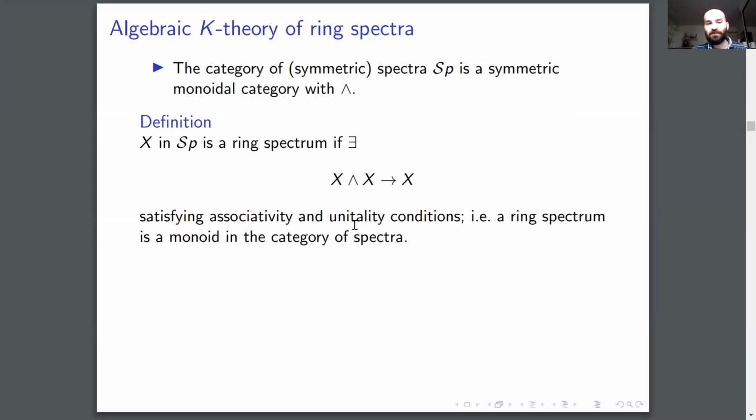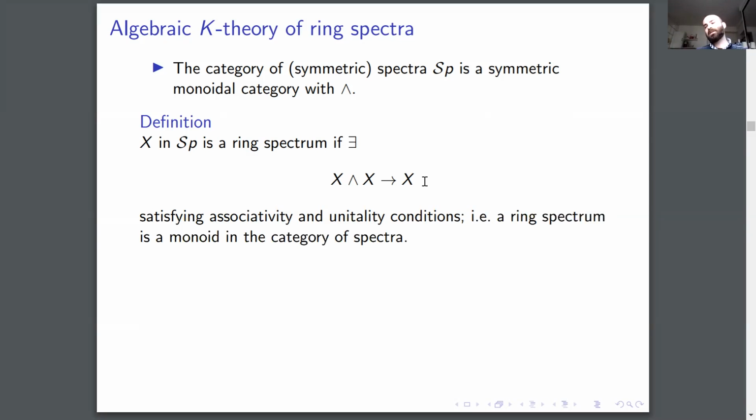In other words, a ring spectrum is a monoid in the symmetric monoidal category of spectra. For example, you could define a classical ring by saying that an abelian group R is a ring if there's a map from R tensor R to R that satisfies some associativity and unitality conditions. You just replicate this in the setting of spectra.